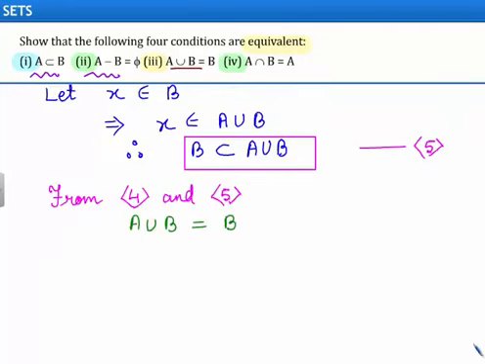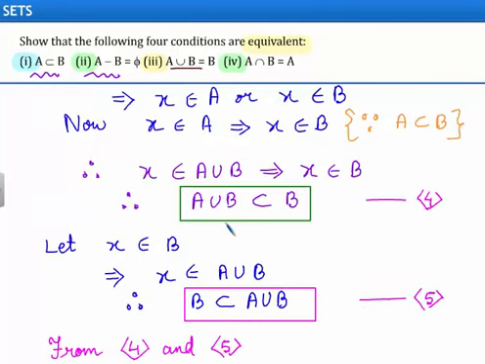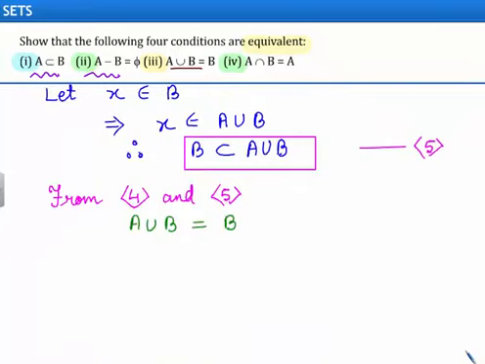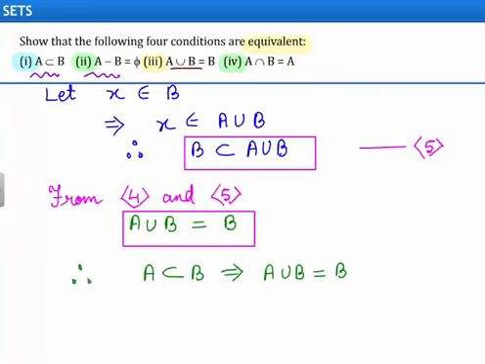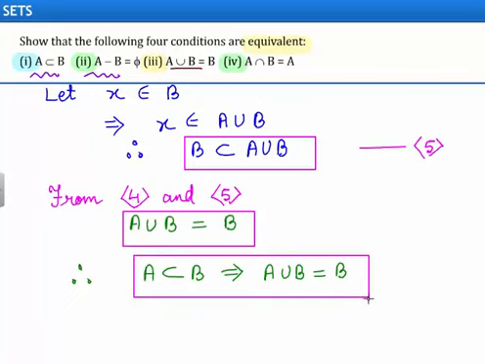So from 4 and 5, that is A union B is a subset of B and B is a subset of A union B, we can say that A union B is equal to B. Therefore, A is a subset of B implies that A union B is equal to B. Let us name this as 6.